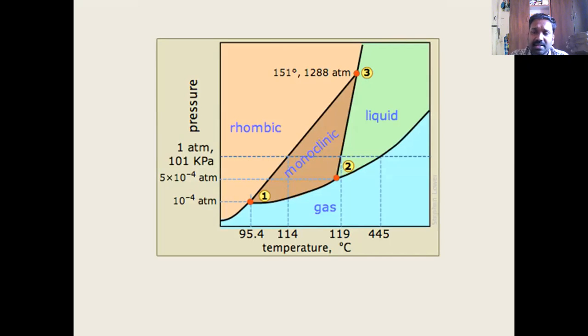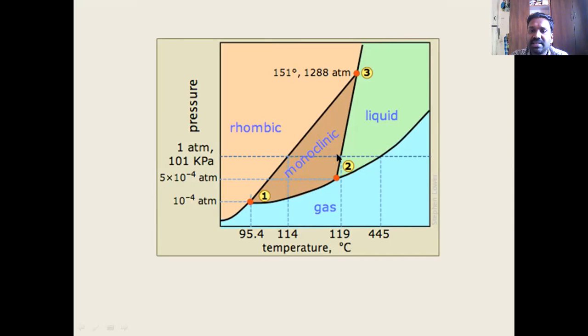So see, constructing a phase diagram isn't very difficult. All that you have to do is heating and cooling experiments. You take rhombic sulfur, for example, and fix a pressure value. Most of the time we work at 1 atmospheric pressure. Of course, higher pressure values are also significant. But as beginners, we are working at 1 atmospheric pressure. Start heating sulfur till 114 degrees Celsius, it will be rhombic sulfur.